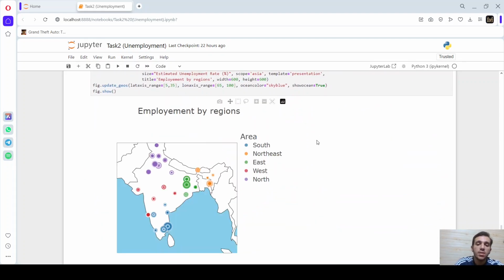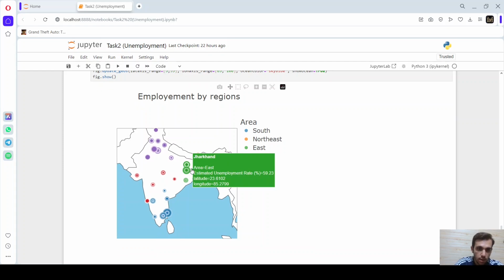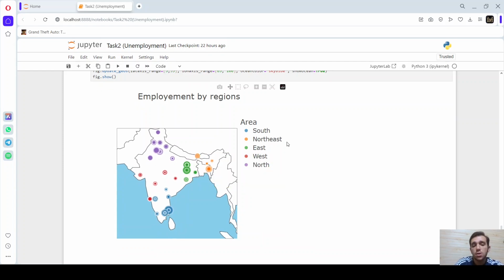And here is the power of the second dataset. Because of the latitude and longitude columns, we can plot a map of India, and on the map we can see the unemployment rate. So the bigger the size of this circle, the larger the unemployment rate.